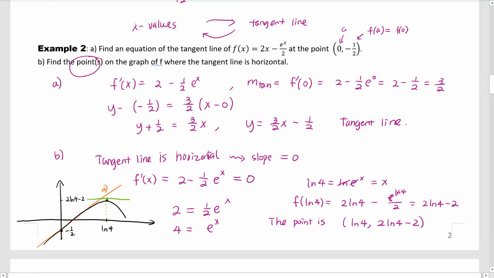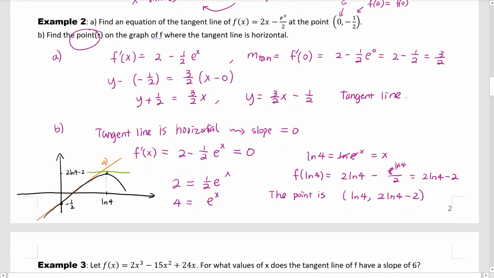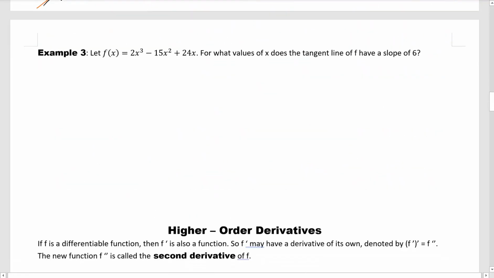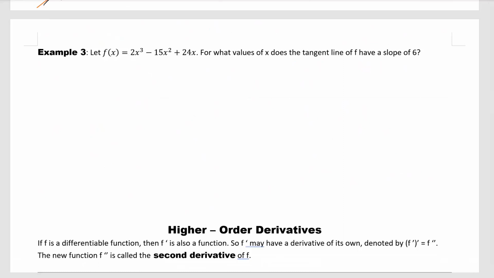All right, let's continue. Example 3, let f be this function. For what values of x does the tangent line of f have the slope of 6? Let me ask you, which direction?